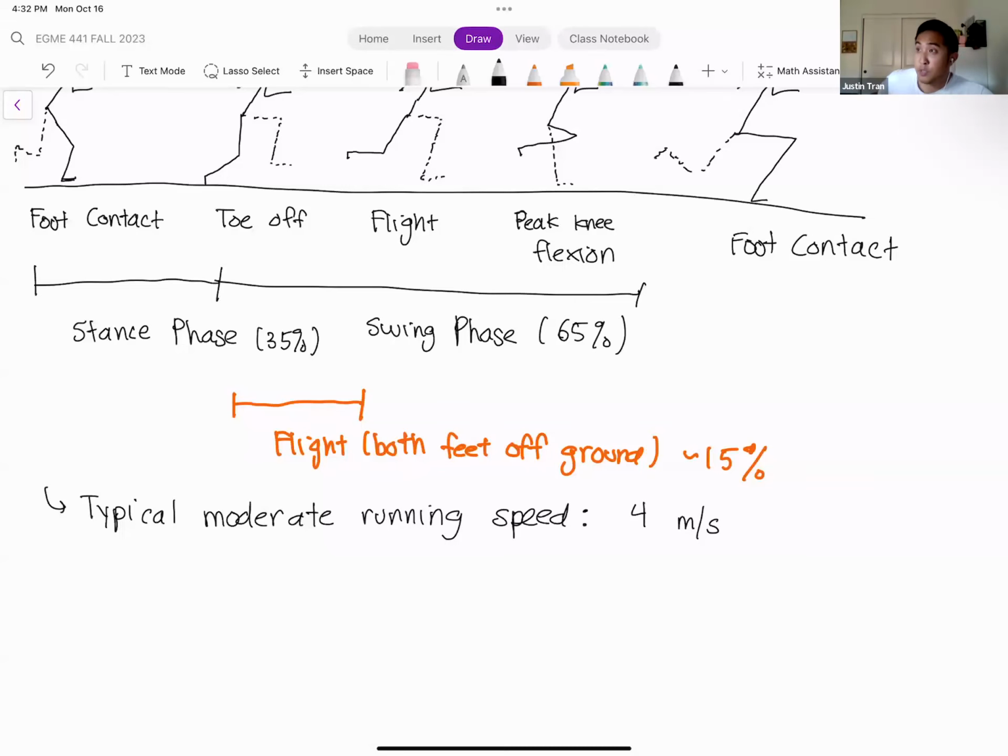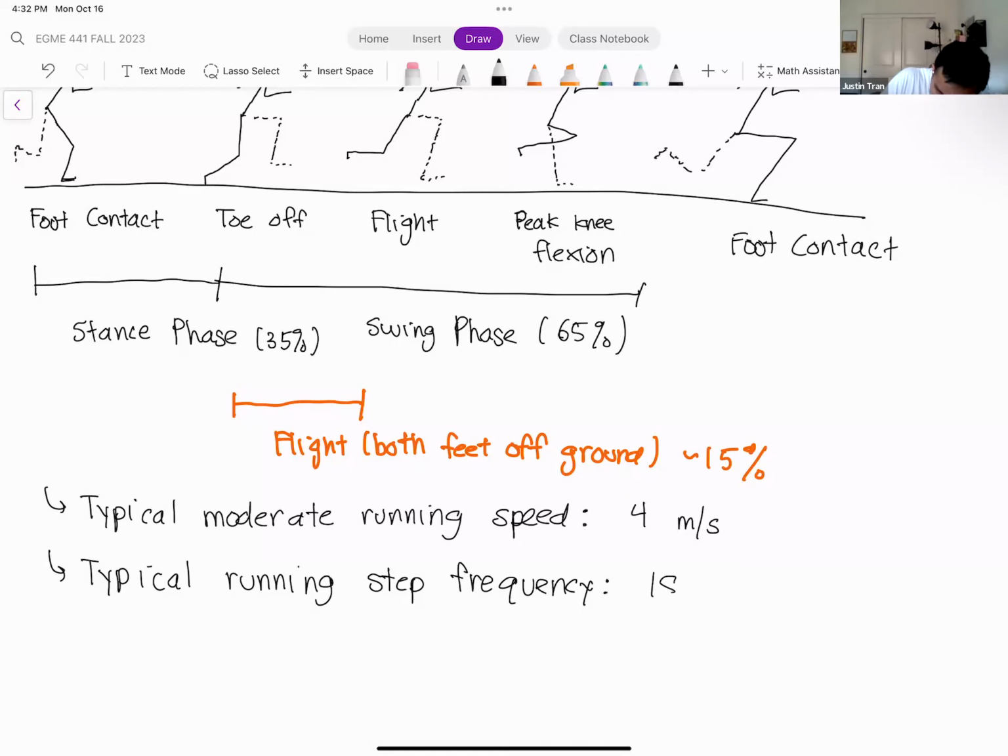The other thing that speeds up as well is your cadence, the frequency at which you make steps. This is about 180 steps per minute.